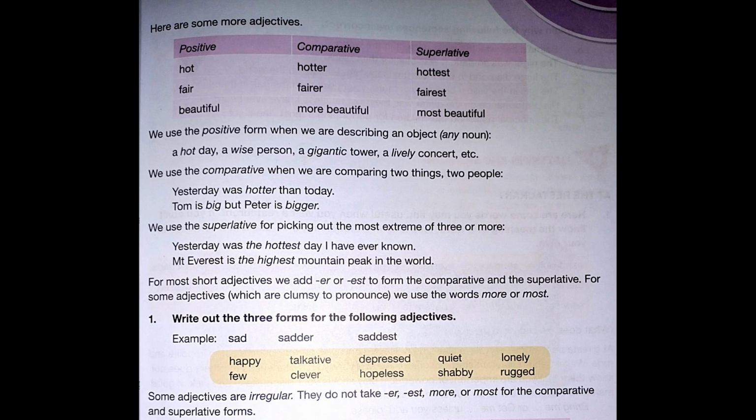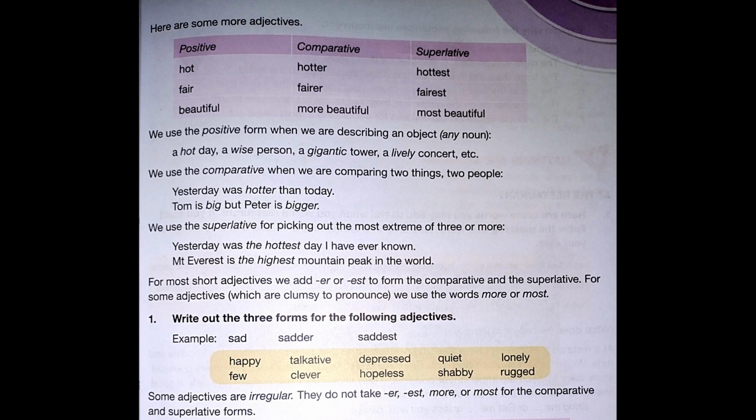Here are some more adjectives: positive, comparative, and superlative. Positive, hot; comparative, hotter; superlative, hottest. Positive, fair; comparative, fairer; superlative, fairest. Positive, beautiful; comparative, more beautiful; and superlative, most beautiful.